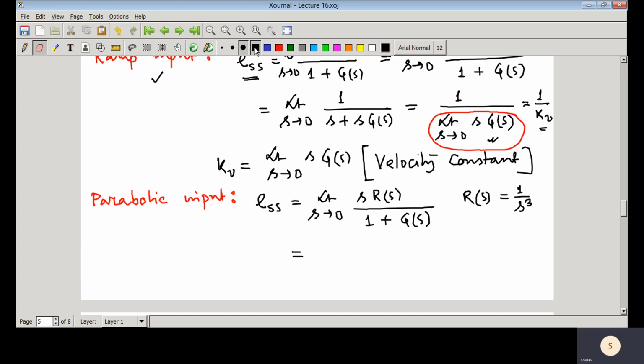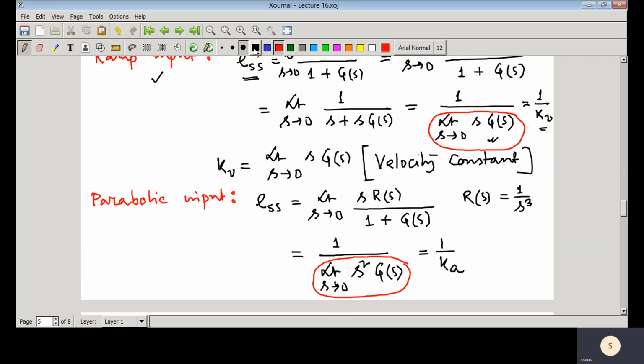So here you have 1 by limit s tends to 0 of s square G(s), and this particular term is denoted as Ka.